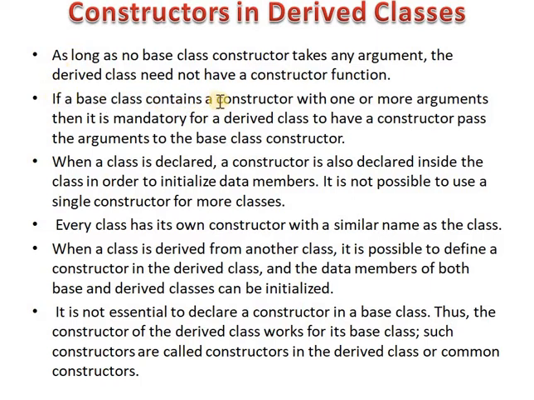If a base class contains a constructor with one or more arguments, then it is mandatory for a derived class to have a constructor that passes arguments to the base class constructor.